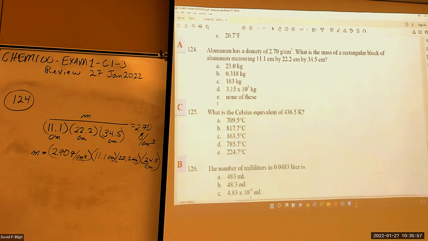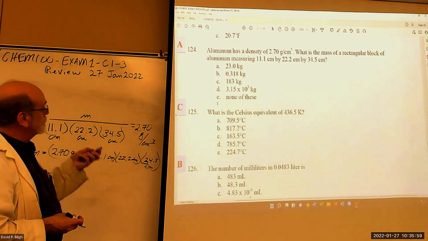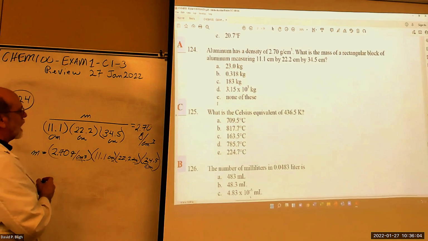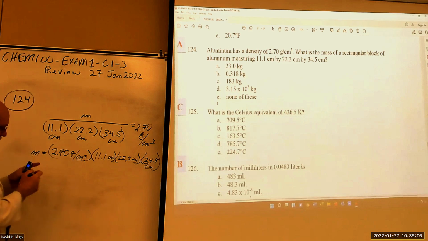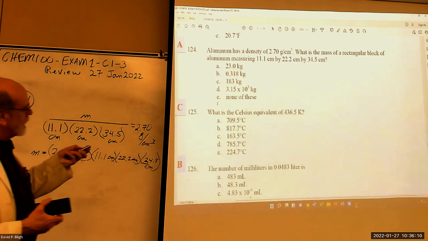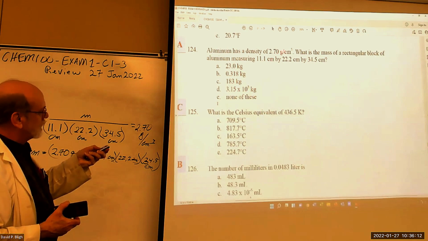Rather than do that calculation, the answer is 23.0 kilograms. Oh, I better do it because we've got different units. Notice we've got kilograms here, and we've only got grams there.